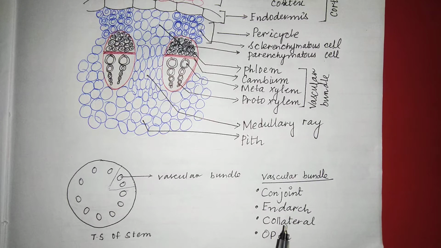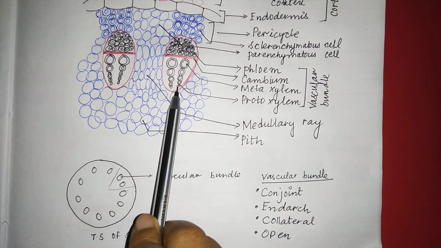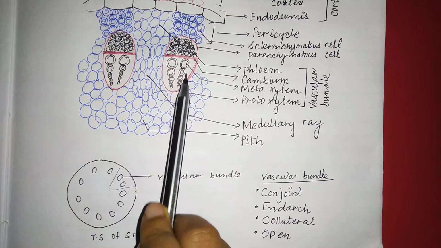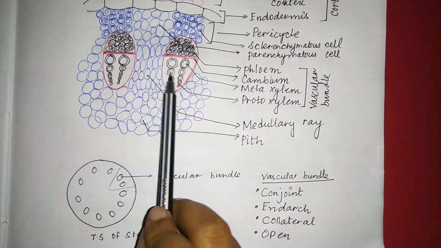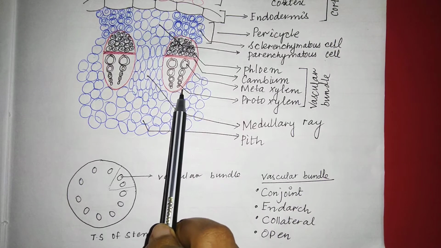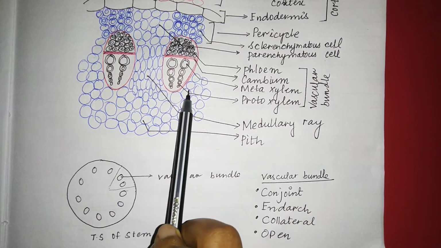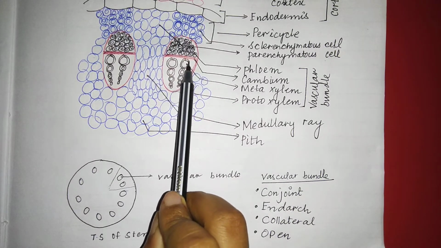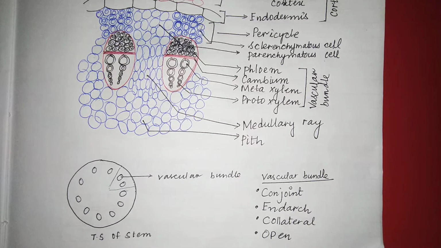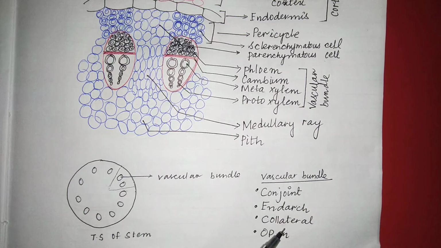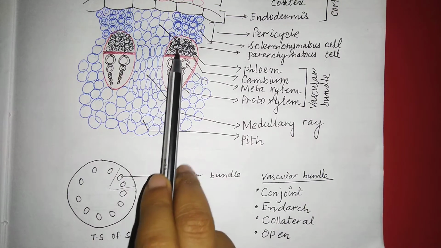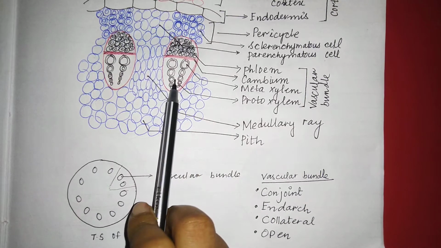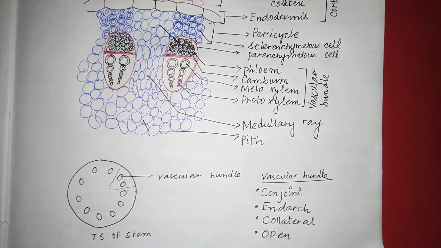That means protoxylem is present towards the inner side and the metaxylem is present towards the outer side, or the protoxylem is present towards the inner side or central side, and the metaxylem is present towards the peripheral side. And collateral vascular bundle means the phloem is present towards outside and the xylem is present towards the inner side.